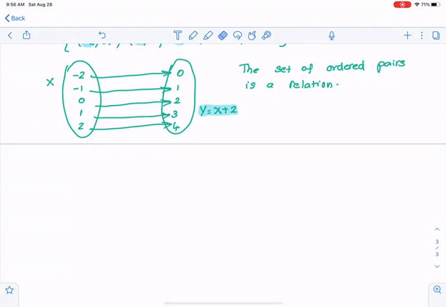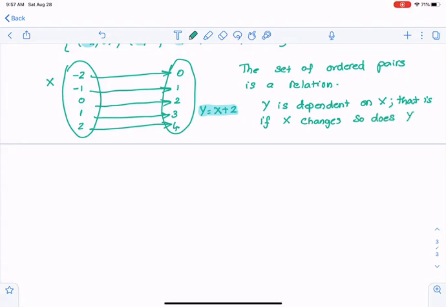So y is related to x, so y is dependent on x. That is, if x changes, so does y.